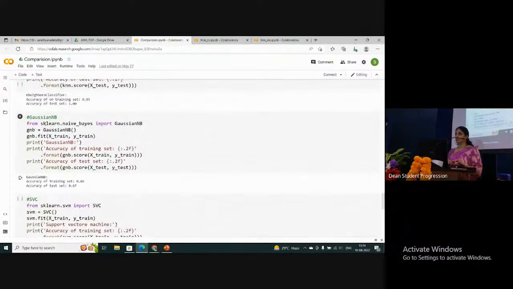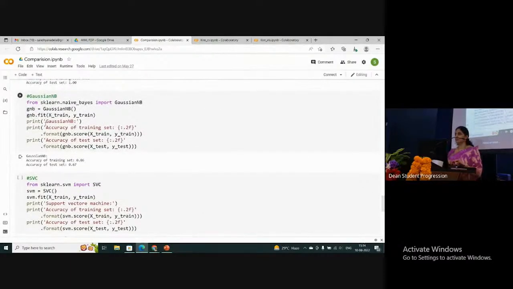I just import from sklearn. This is a comparison Colab file that I made to compare SVM, naive Bayes, and KNN. But here I'm just showing naive Bayes.